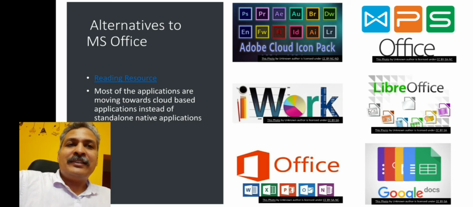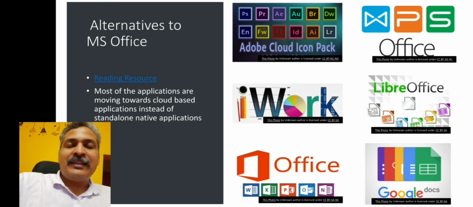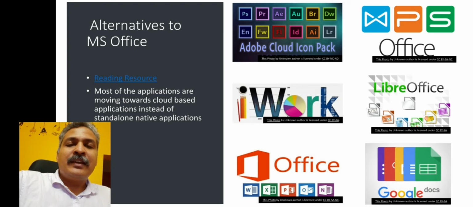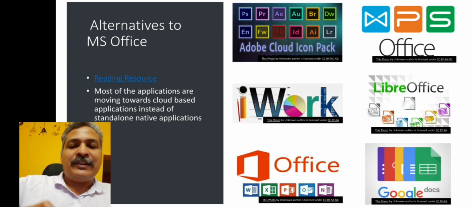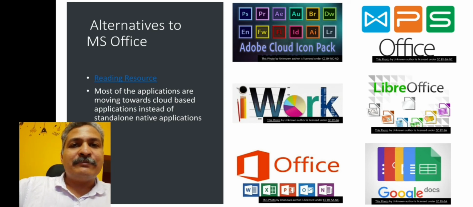The first one is the WPS Office. The WPS Office is an application that was made by a company called Kingsoft, and it has all the applications which are offered by Microsoft, such as word processing, PowerPoint presentation applications, and spreadsheets.